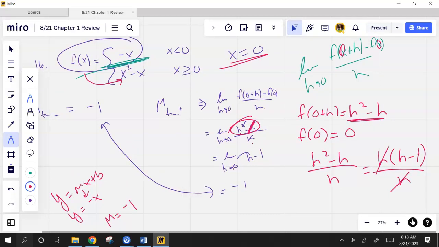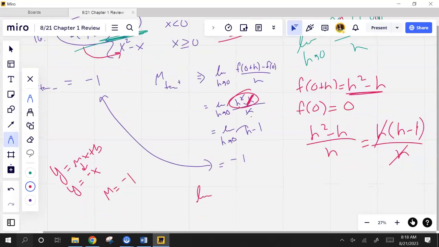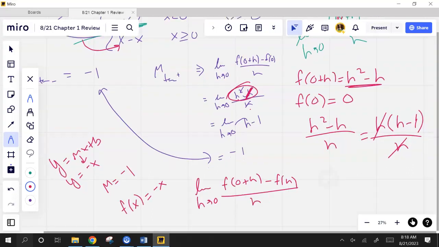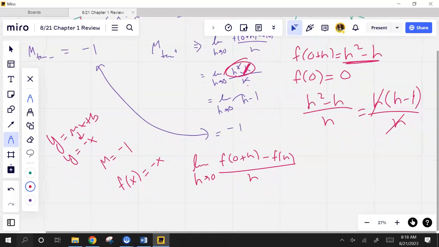Okay, so what you could go through all of this, the limit as h goes to 0 of f of 0 plus h minus f of h over h, but I'm using negative x, right? You could go through all that. It's a lot of work, but you could definitely do it. H goes to 0. This will be negative h minus negative h over h.